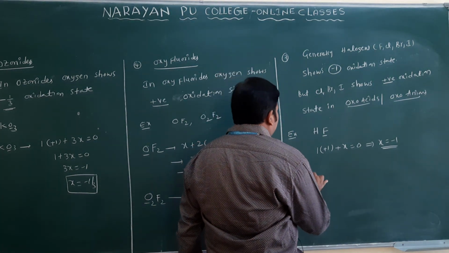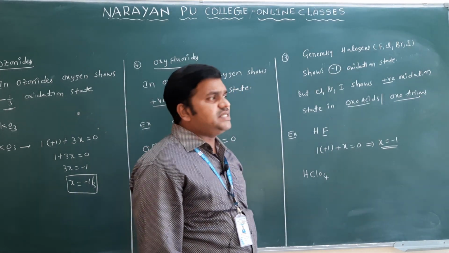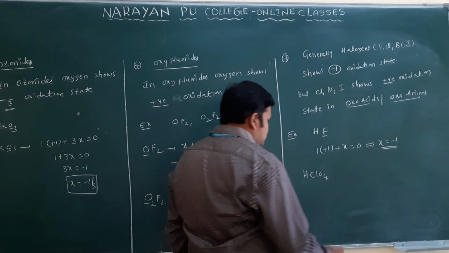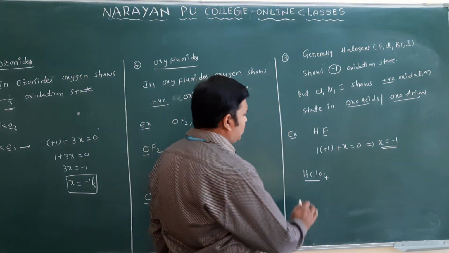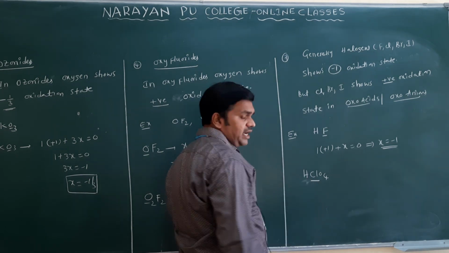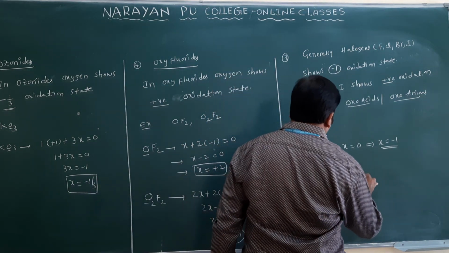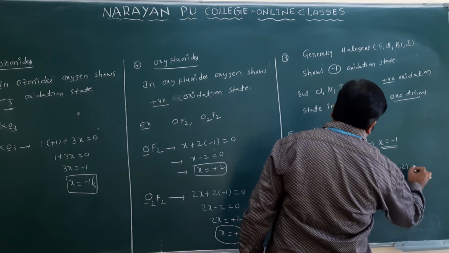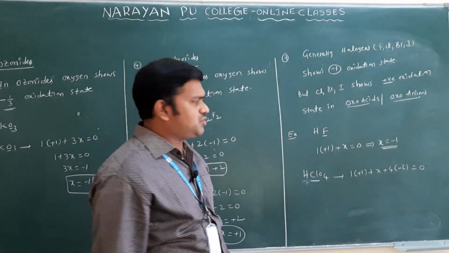Let us take an example for this oxoacid. I am taking HClO4, which is perchloric acid. You have to find out the oxidation state of chlorine. Underline this element, chlorine. This is 1 into +1 plus x plus 4 into -2 is equal to 0, because oxygen has -2 oxidation state.